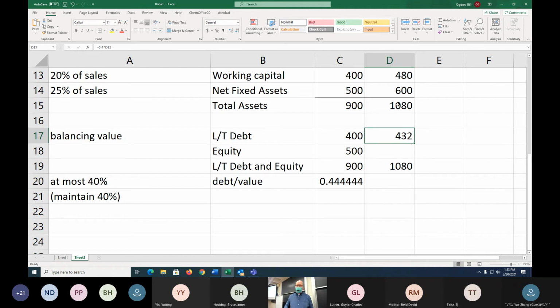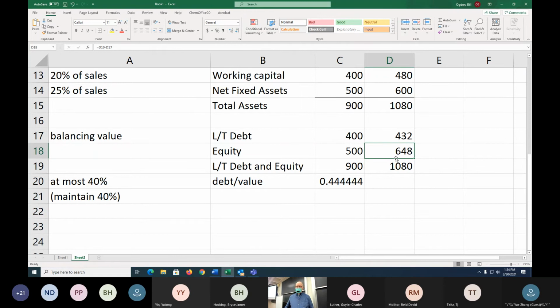All right, now let's go to the equity. And it's pretty easy to see what equity has to be, isn't it? It's going to be 1080 subtracting 432. Okay, so I have to increase my equity from 500 up to 648.